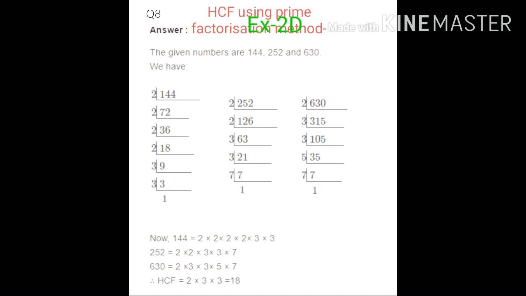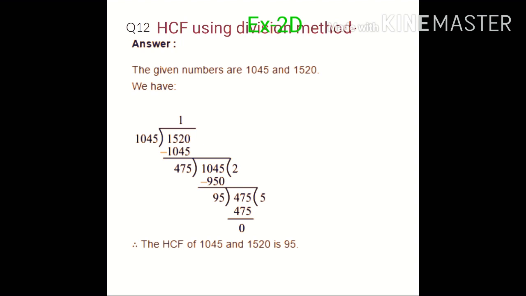Is it clear? Now next is question number 12. We have to take out the HCF using the division method. So the given numbers are 1045 and 1520. The smaller number is 1045. It becomes the divisor, and 1520 is our dividend. Now after dividing, we are getting a remainder of 475.